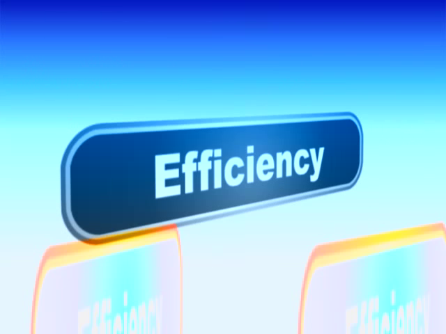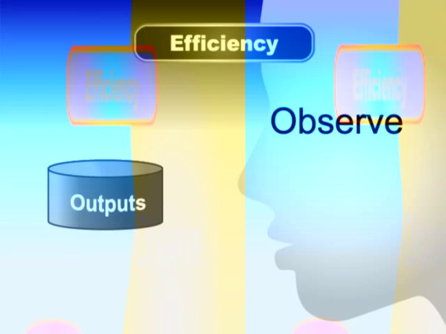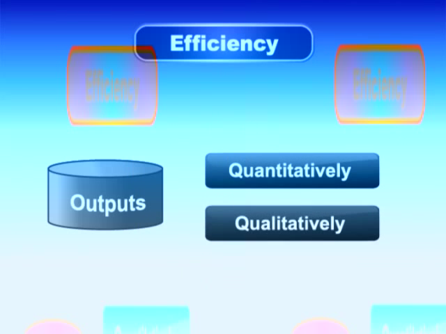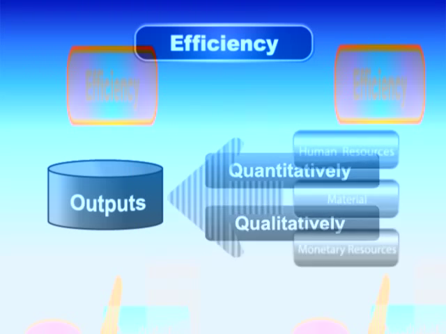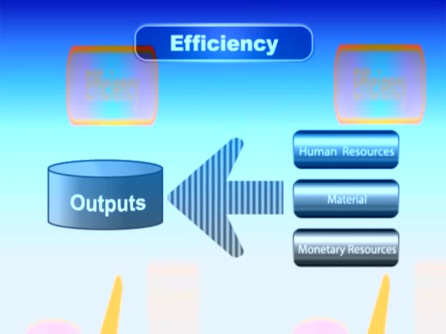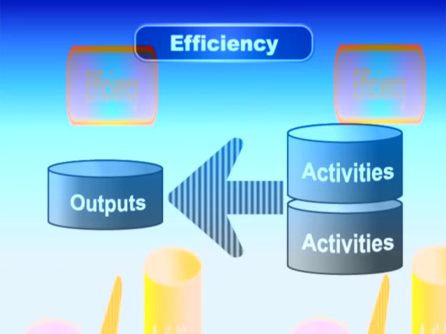Efficiency is measured by observing how much outputs have been obtained both quantitatively and qualitatively by the injected human, material, and monetary resources through the planned activities during implementation.